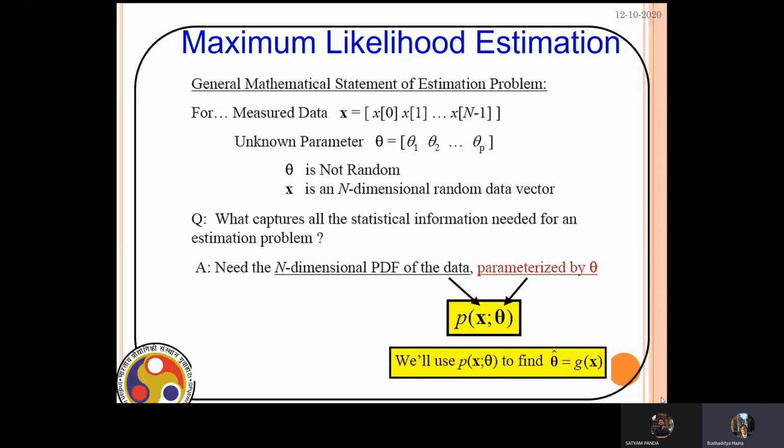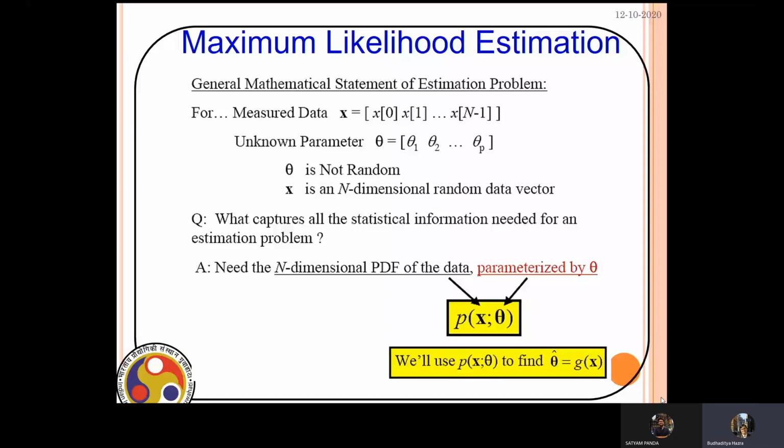Although we use the quantity, it was still a very regression-oriented approach. Now this maximum likelihood estimation is basically a probabilistic estimation technique.